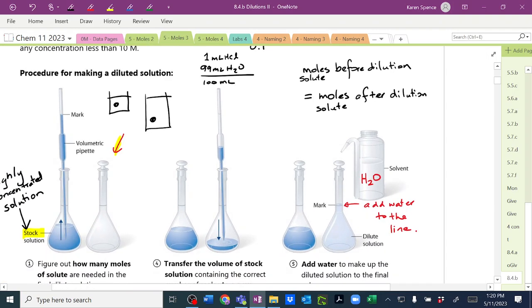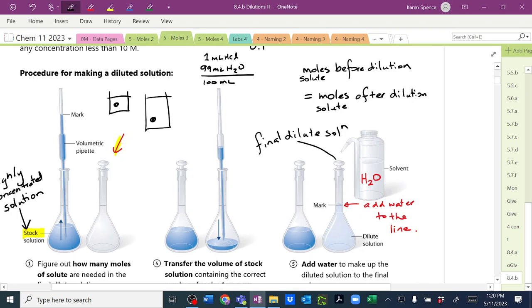So over here, this is our final dilute solution, and this is what we want to make. You will be told, I would like you to make 500 milliliters of this dilute solution, and I would like the concentration to be 0.2 molar. So you will know both the volume and the concentration.